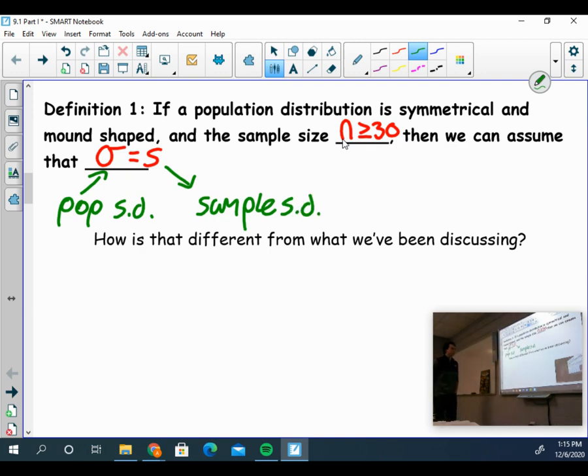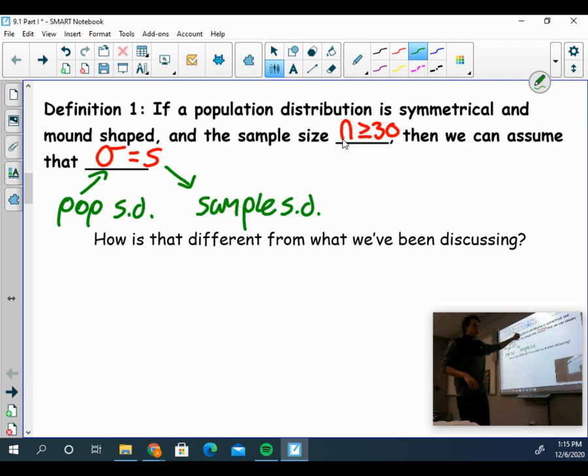So what this definition says is if we know the population is roughly normal, symmetrical and mound-shaped, and our sample size is bigger than 30, then we can assume that the population standard deviation equals the sample standard deviation. Now, how's this different from what we've been discussing? Well, in chapter 8, we looked at the distribution of sample means. So here's the analogy we could think of.